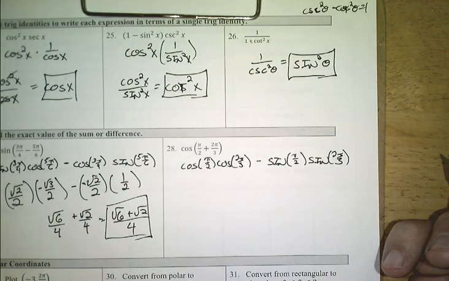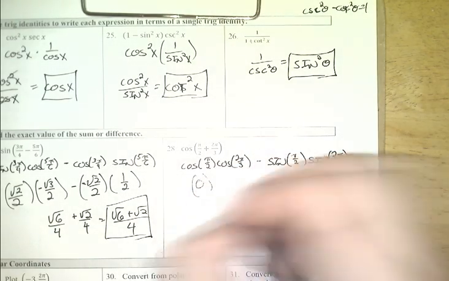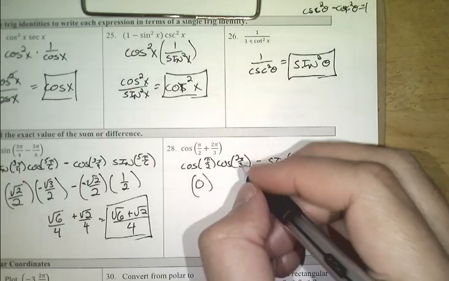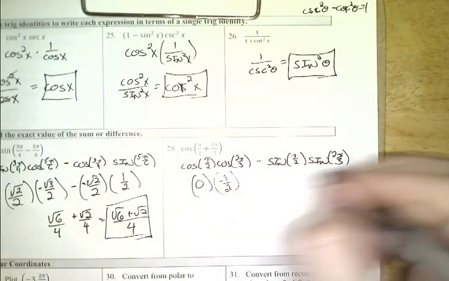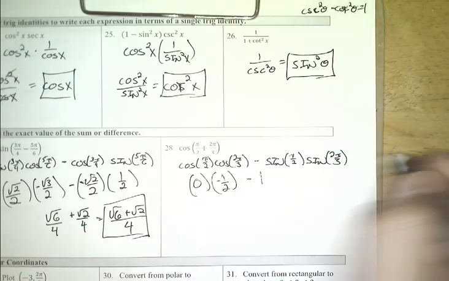Cosine of pi over 2 is 0. Cosine of 2 pi over 3: all the over 3s are 1/2, and quadrant 2 makes that a negative 1/2. Minus sine of pi over 2 is 1.